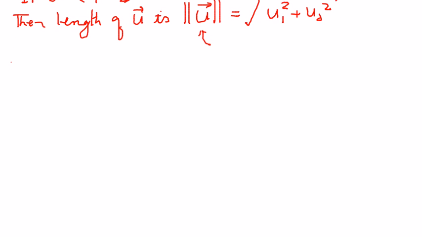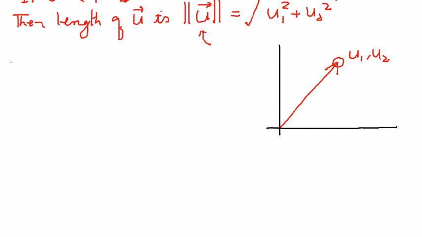So if we were to have a graph like this, and if I had a vector which is going that way, and if I were to say this point here, the terminal point, has u1 comma u2, those are the terminal points, and we are representing a vector, and if this one here is the length of the vector, and if I were to draw a line here, or if I were to project this point onto the x-axis, this is going to be magnitude u2, and this is going to be magnitude u1, and this is 90 degrees.